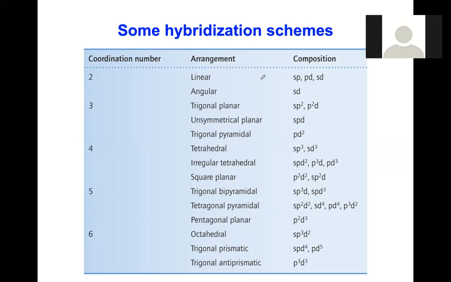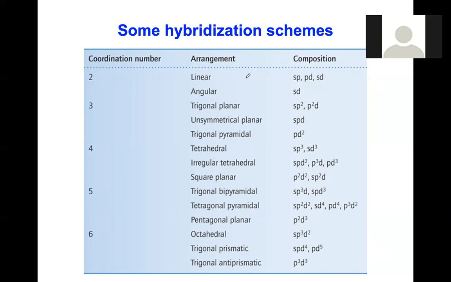So there's another concept called hybridization. What that means is, when you have different bonding with the central atom, depending on the number of, we also call it the coordination number or bonding number, of the central atom, then you are going to have different geometry.